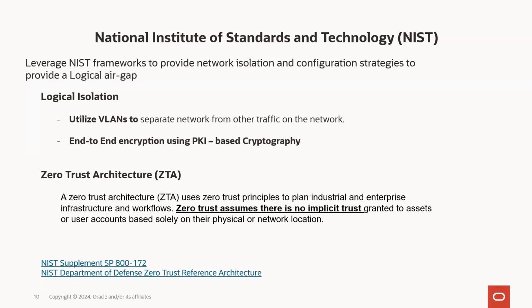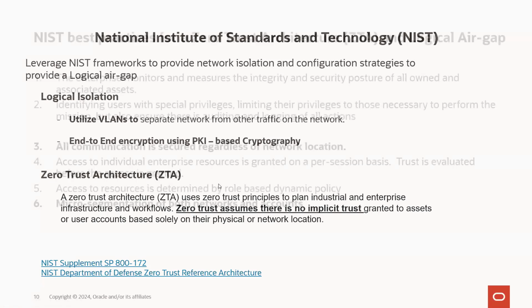And what I find is that that's really the basis for a logical air gap: to protect it as much as you can, and zero trust architecture is a great way to have standards and ways of protecting the backups so that you can use them in case of a cyber attack and they're not going to be touched.